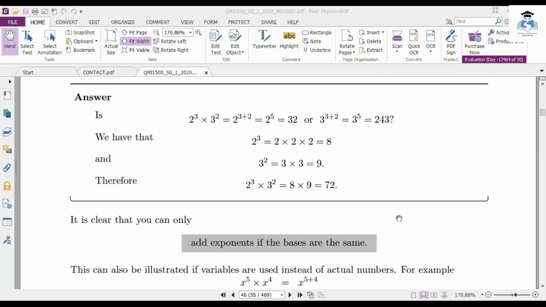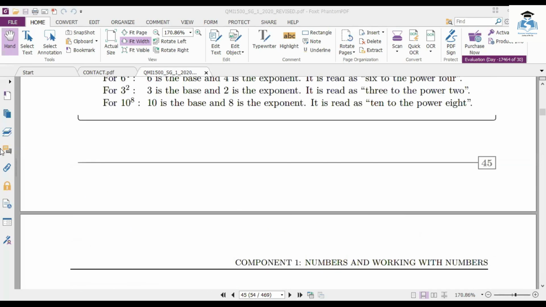When you have the same bases, let's say a to the power 2 times a to the power 3, you simply do a to the power 2 plus 3, which will be a to the power 5.